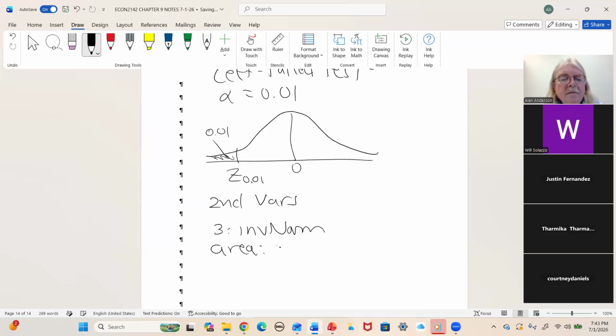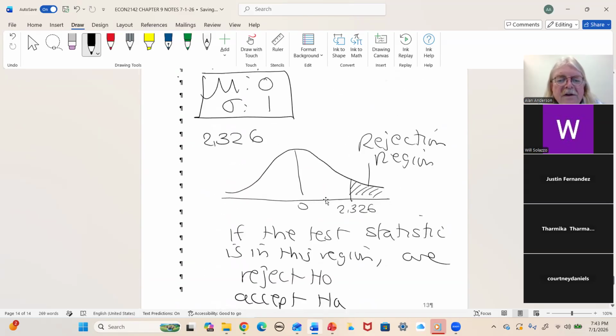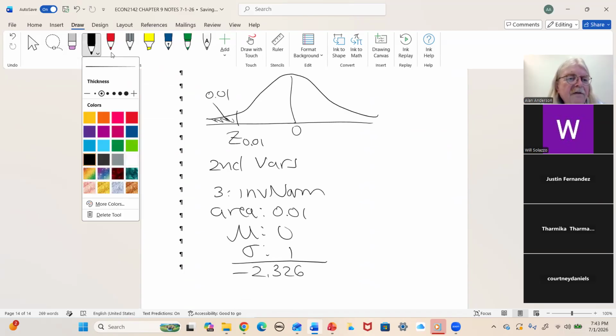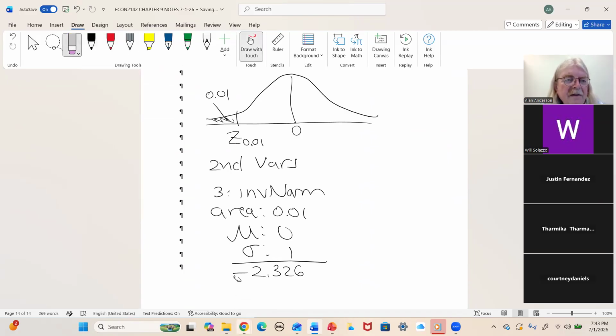But this time the area is 0.01 instead of 0.99. See that it's just the same thing, only negative, negative 2.326. That's again because of the symmetry of this distribution about the mean.